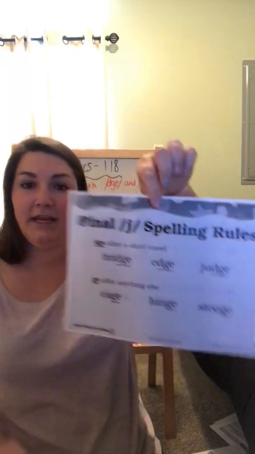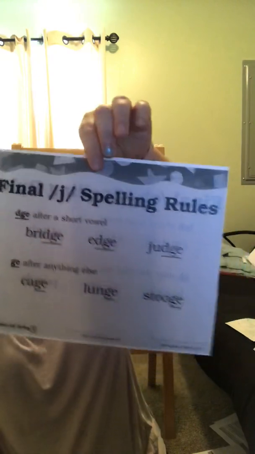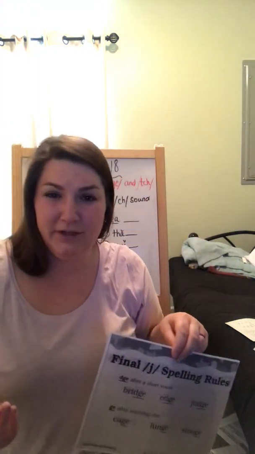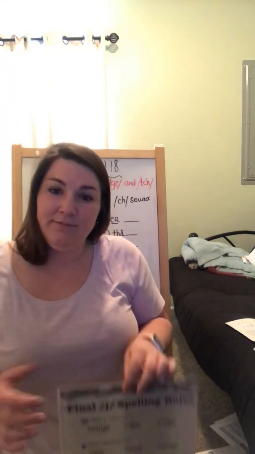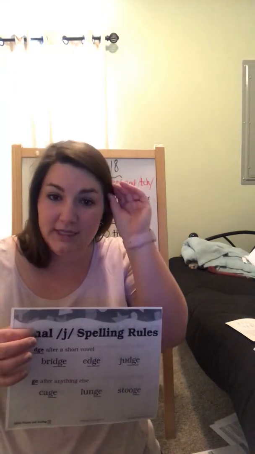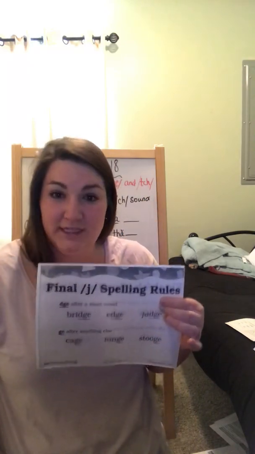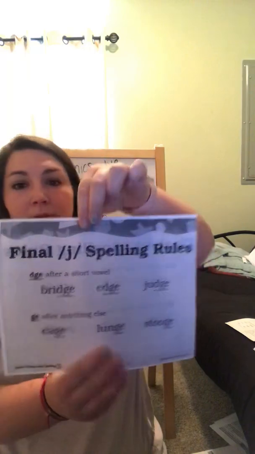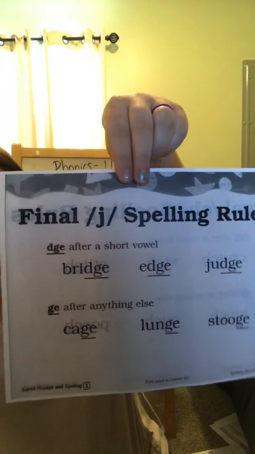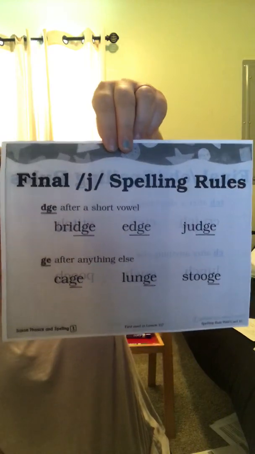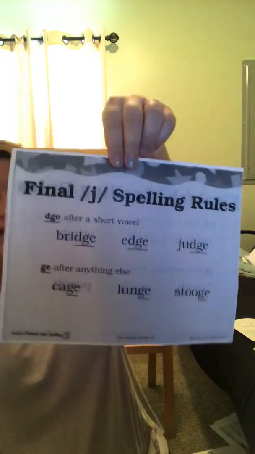And on the other side, you should have your final J spelling rules. And so this is going to help us to figure out when we're going to use DGE or if it's just a GE. And remember that those G's that say J, those are just the soft G sounds. So to help remind us, we know that it is DGE after a short vowel and GE after anything else.